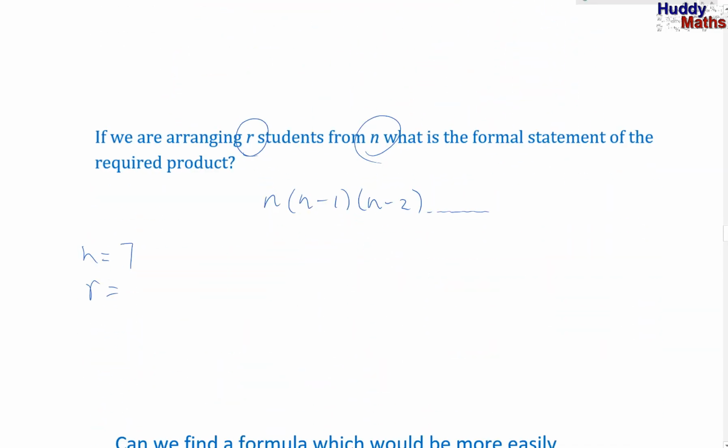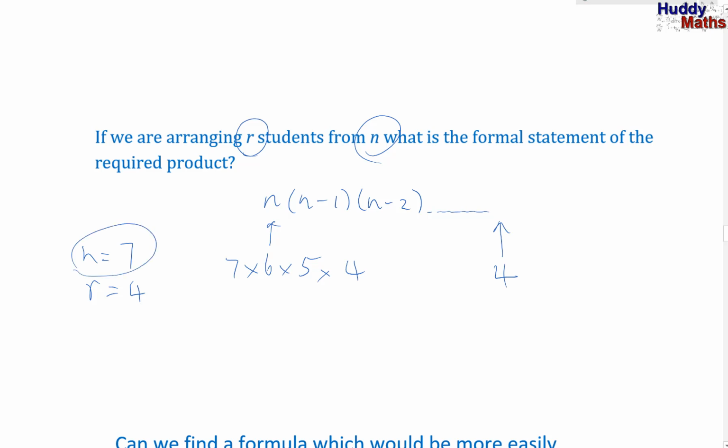R was 4, and we went 7 by 6 by 5 by 4. So in terms of n, it started at 7 and it went down to the number down here, which was 4. How do you get 4 from this?